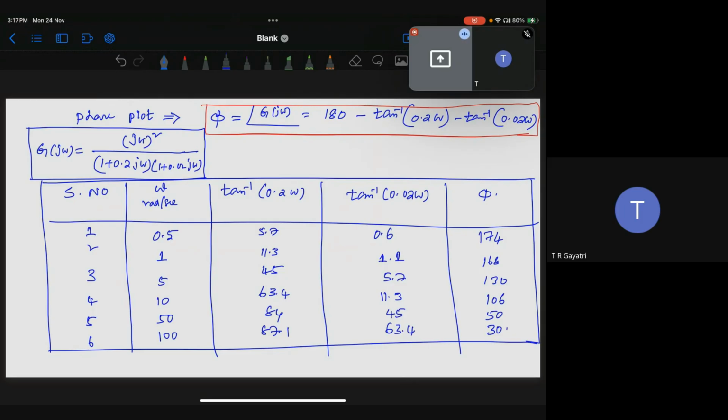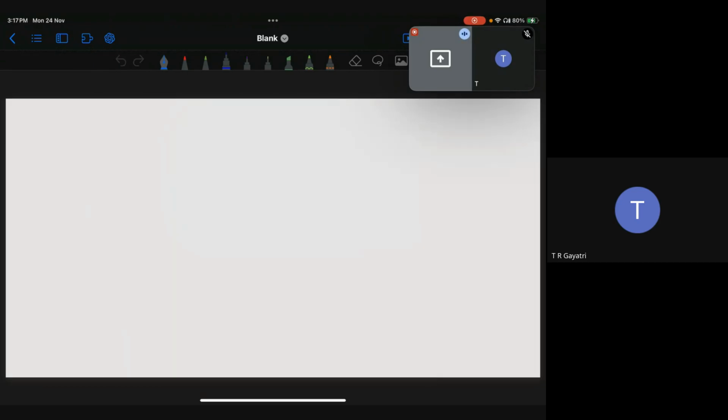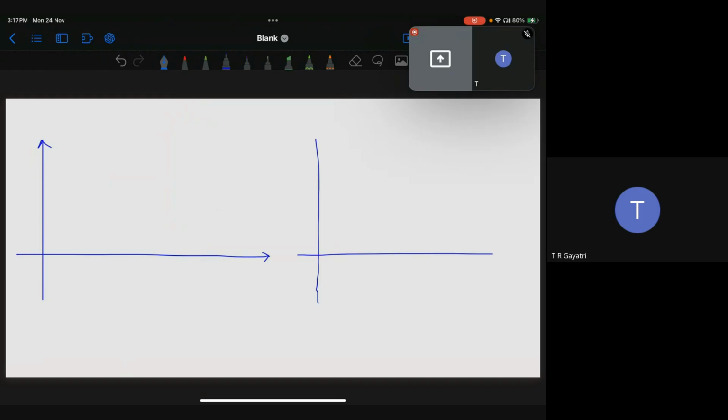Now we have the phase plot data, and we have the magnitude values. So let us plot the magnitude plot and the phase plot.